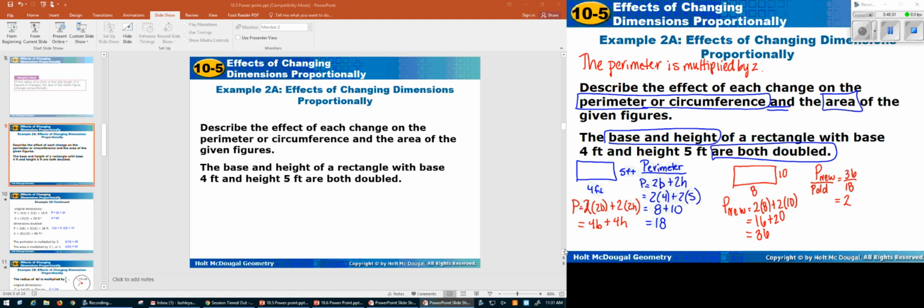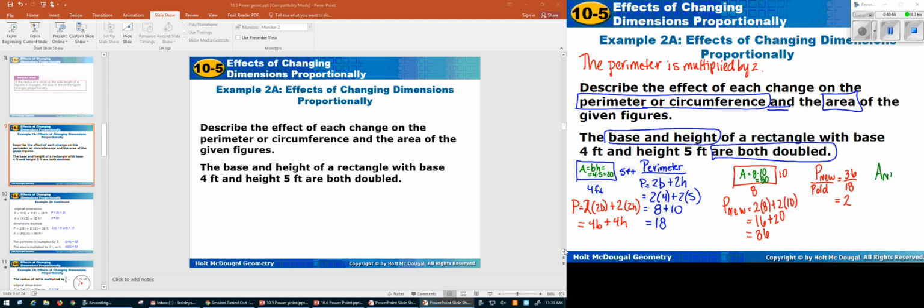So I'm going to come back over here and deal with area. Area is what formula? Base times height. So what are we going to get for our area on the original one? 20. 4 times 5 is 20 feet squared. Come over here to the new one. 8 times 10 is 80 feet squared. So what are we going to divide?